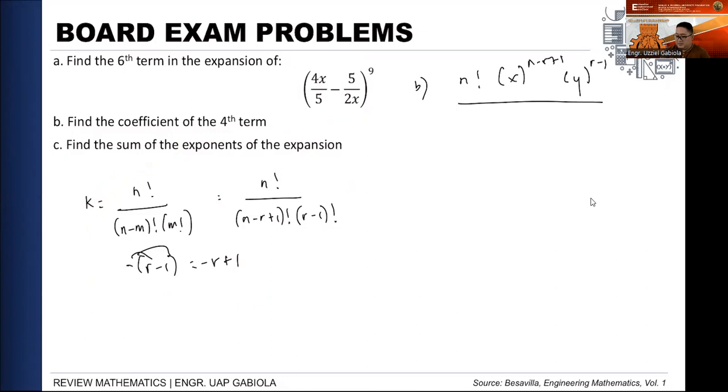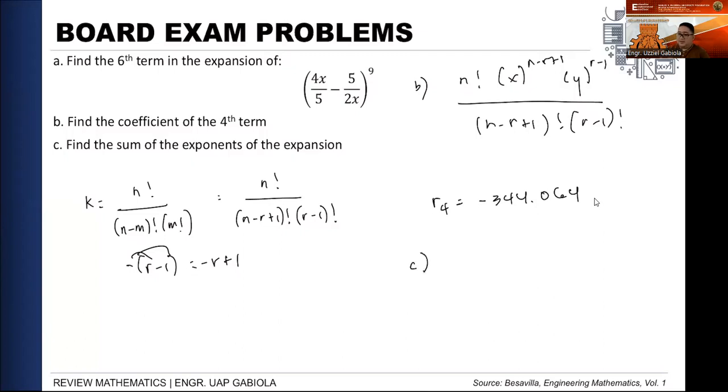So, pag sinubstitute nyo yan, so please try na lang later, no? Dapat makuha yung sagot is, para sa coefficient, no? Is negative 344,064. So, hindi na siya naging exact yung value niya. Okay? So, yan yung coefficient ng fourth term.